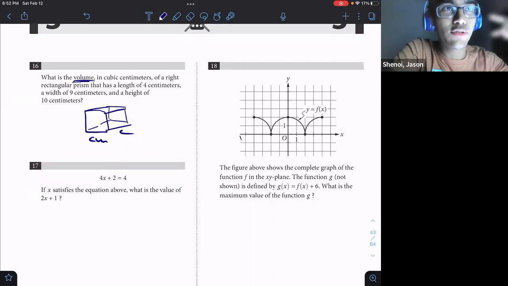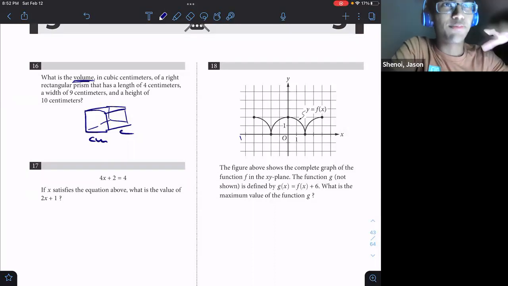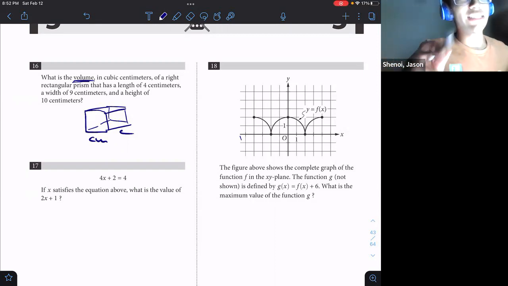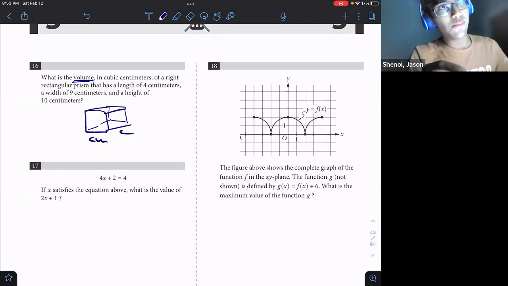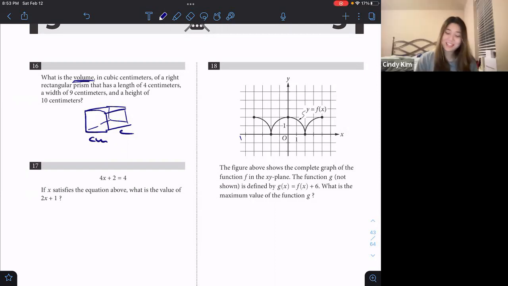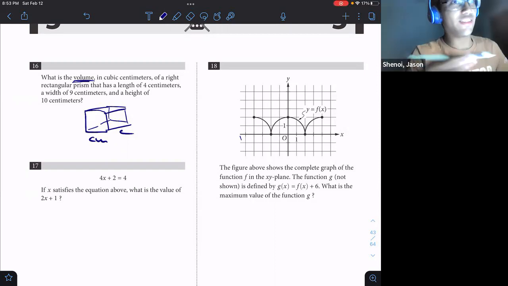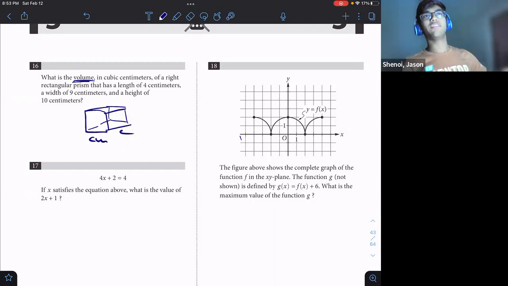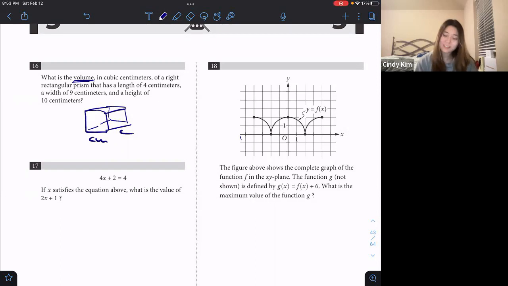The simplest thing to do is multiply them all together. But in this case, now you know volume is P, so you solve for P, which is length times width times height. Exactly.